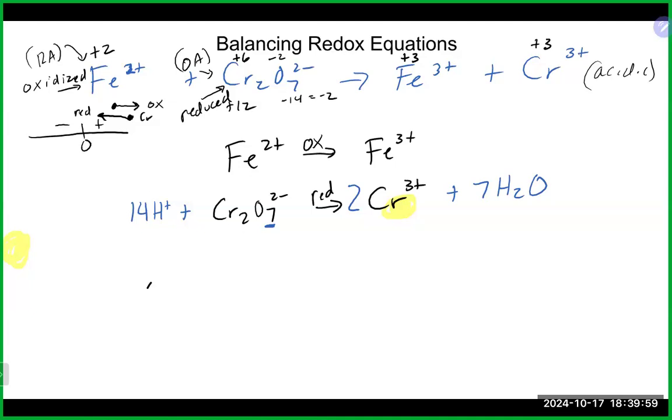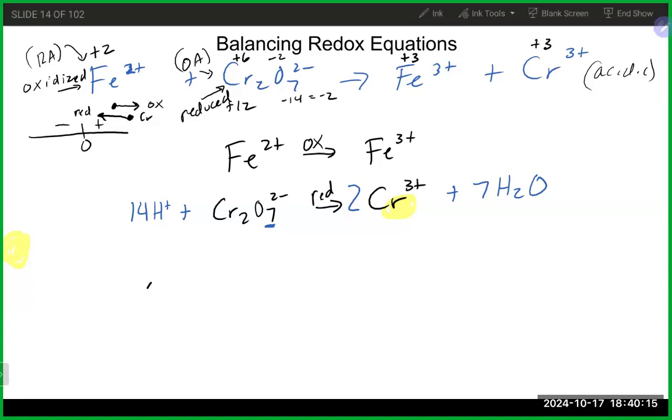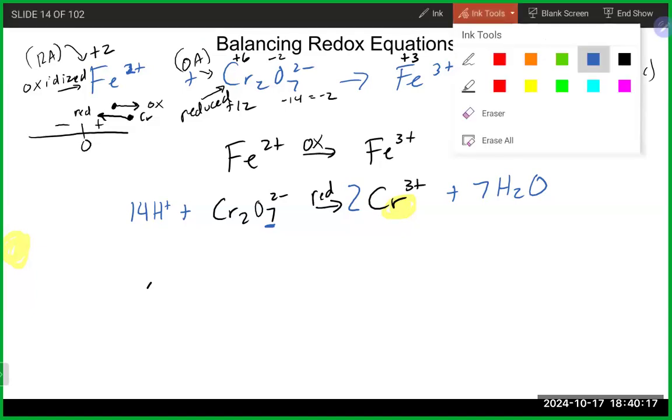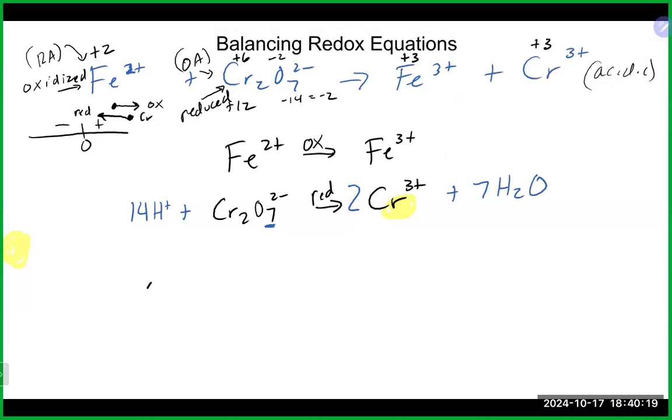All right, so we've now balanced all the other elements, we've balanced oxygen, and hydrogen is balanced as well. What is left to do is balance out the charge on each side of the equations, and we're going to do that by adding electrons, which are negative. So we're going to look at the overall charge on the left for the top.